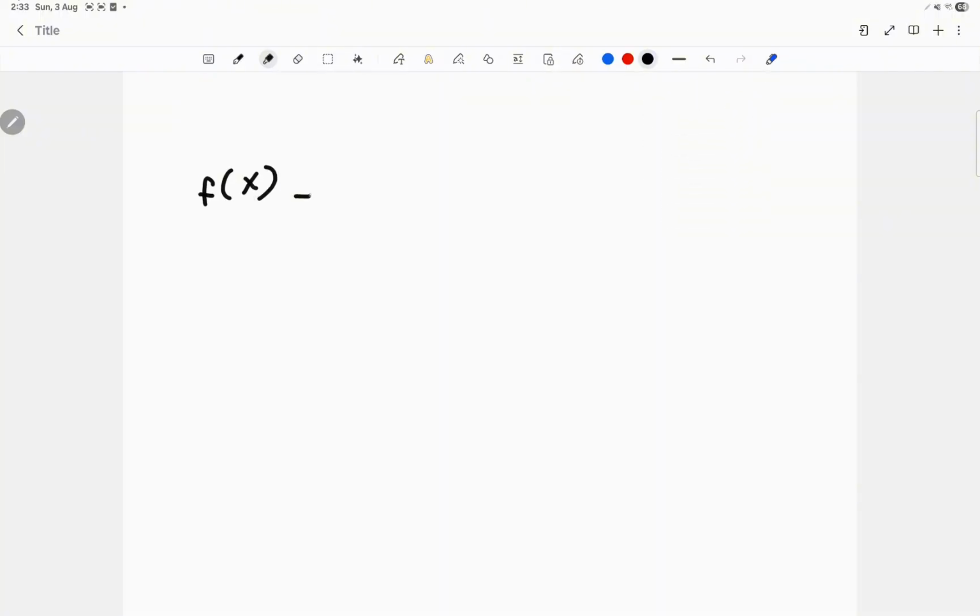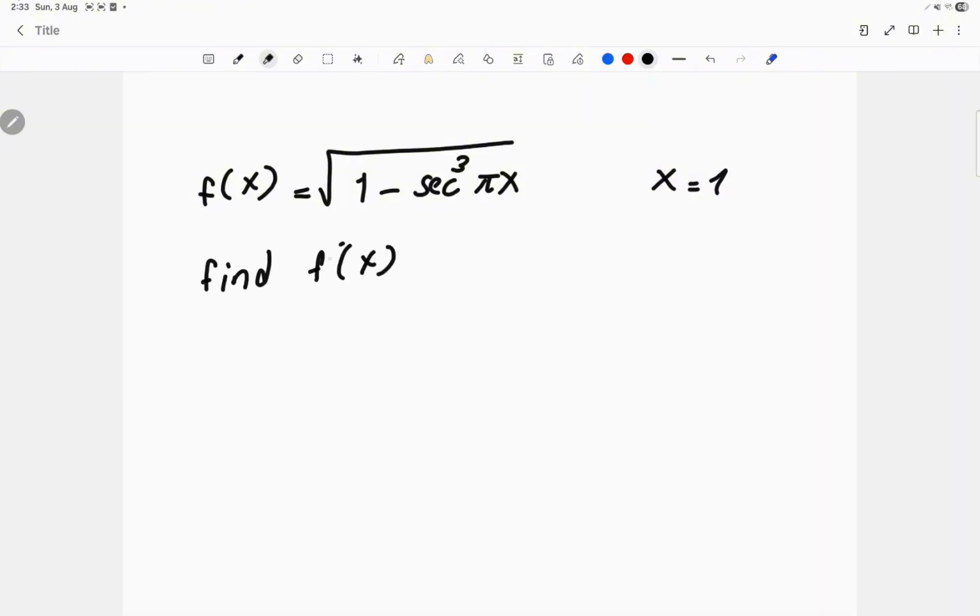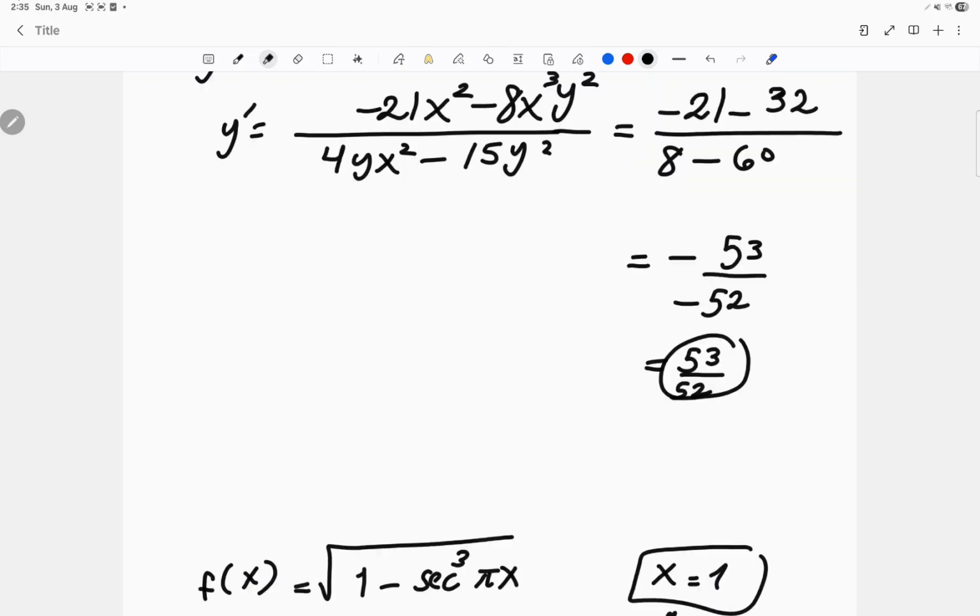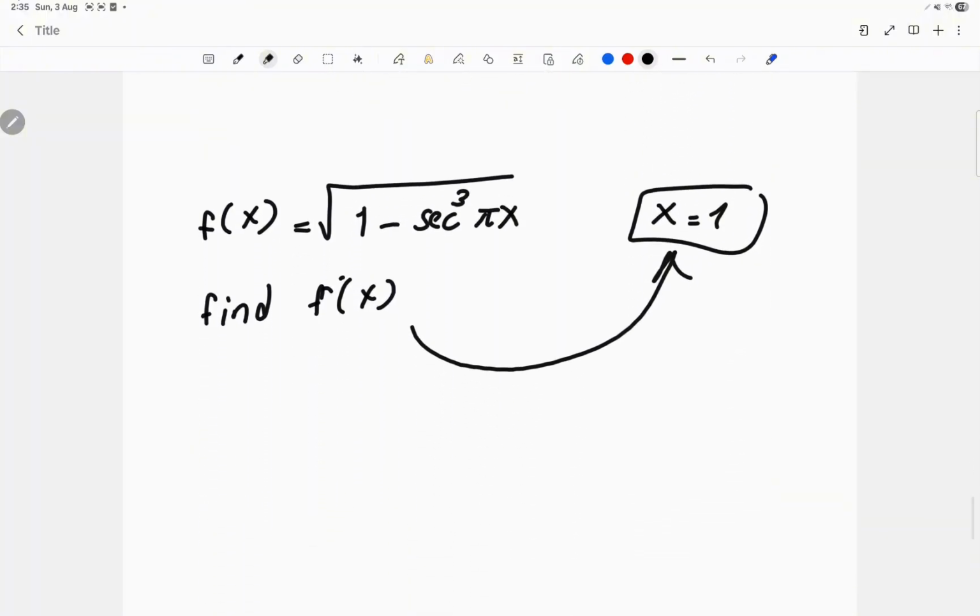F of x is equal this. X is equal to 1. Find f prime x. So, right now we have f of x is equal to 1 minus secant cubed pi x to the power of half.